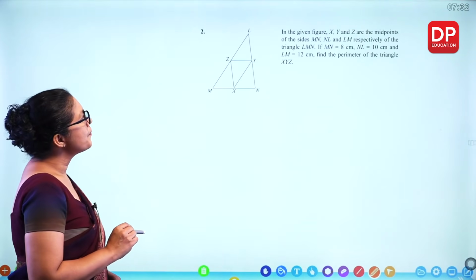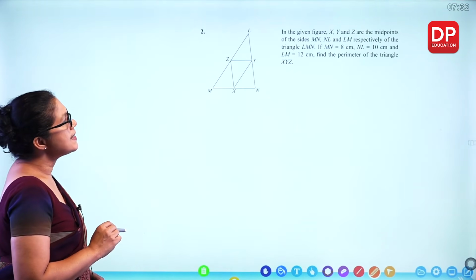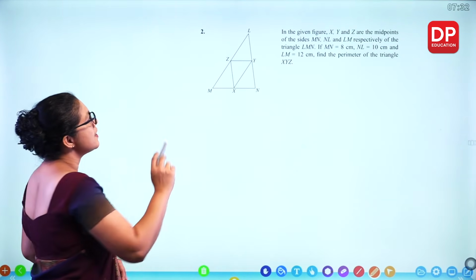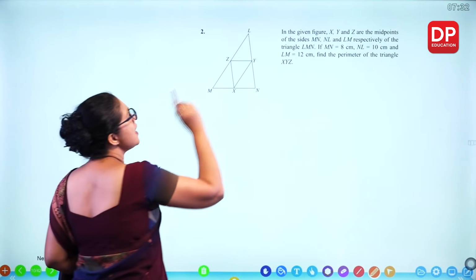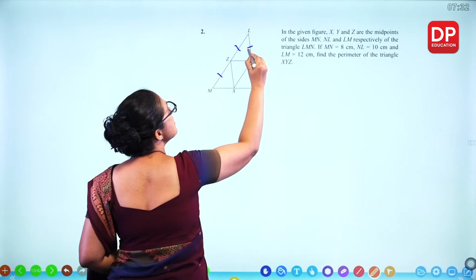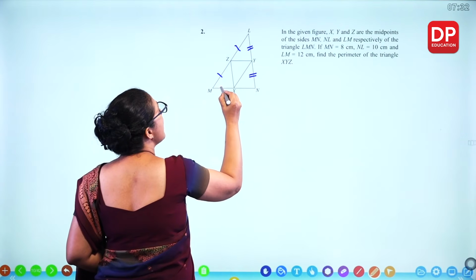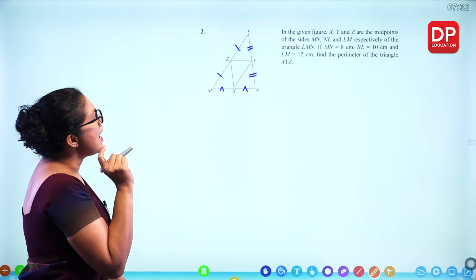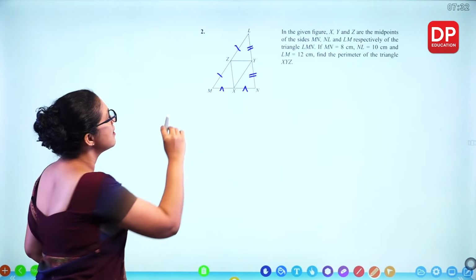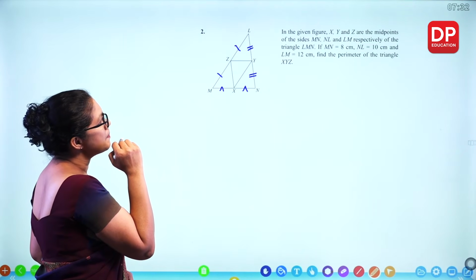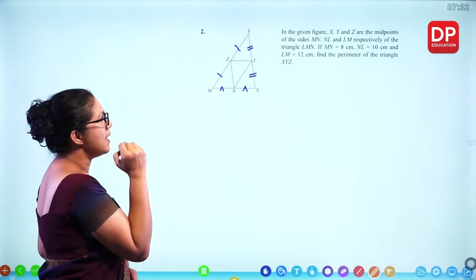Question number 2. In the figure, X, Y and Z are the midpoints. All these 3 are midpoints. So what can we write? This is equal to this, this is equal to this one, and this side is equal to this side. Then MN, NL, LM respectively of the triangle LMN.